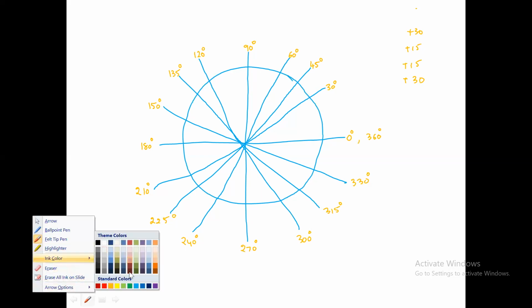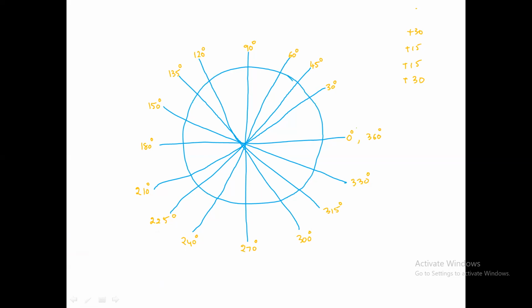The same angles I will write in radian measure. 0, pi by 6, pi by 4, pi by 3, pi by 2. Next, for 120, I will use 60. 120 is 2 times 60 degrees, that means 2 times pi by 3.